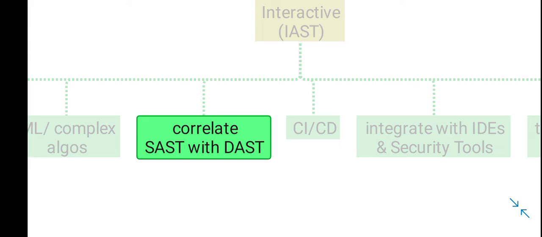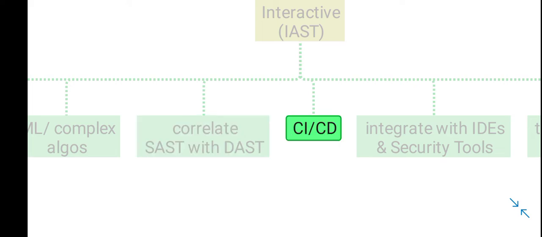So you can figure out how many flaws which you have detected in source code were not fixed and were pushed to production, and now the same are detected by dynamic application security testing. So you can correlate the findings of both the tests.